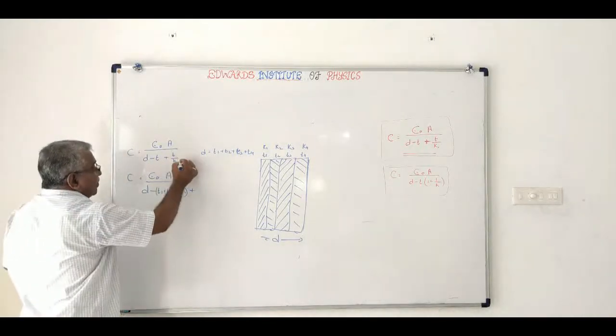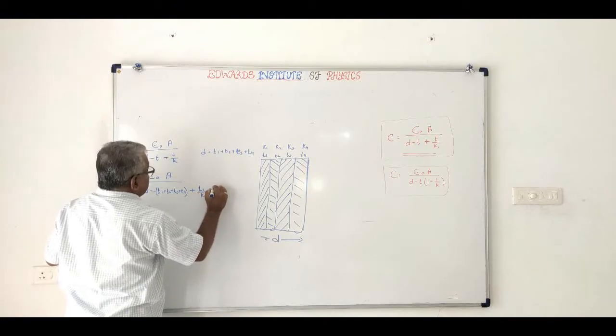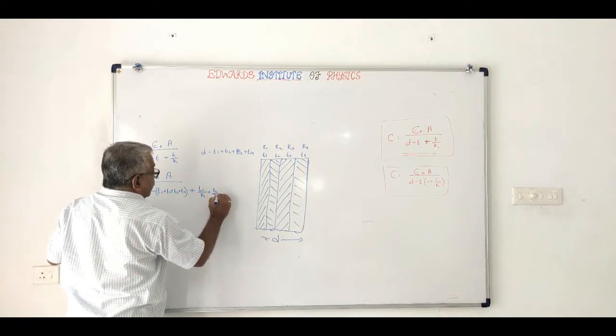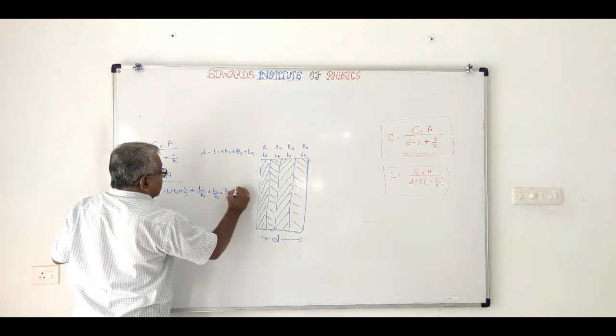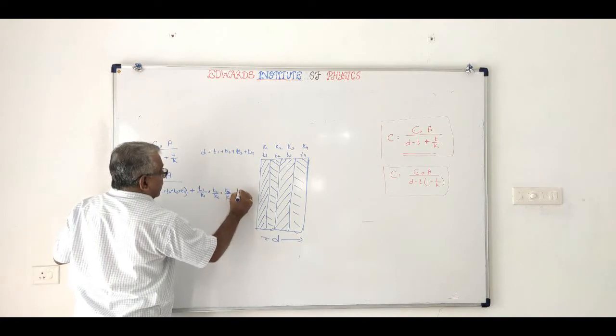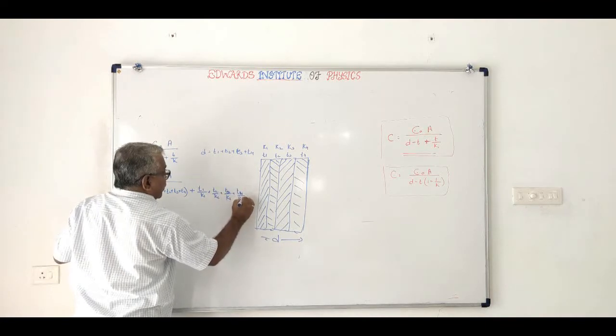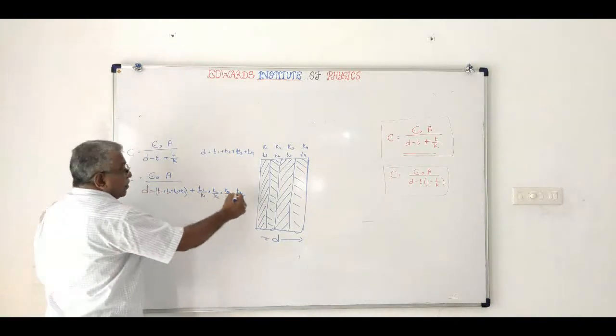Then this term will become T1 by K1 plus T2 by K2 plus T3 by K3 plus T4 by K4. In this case I am taking only 4. If it is n type, it will go like this.